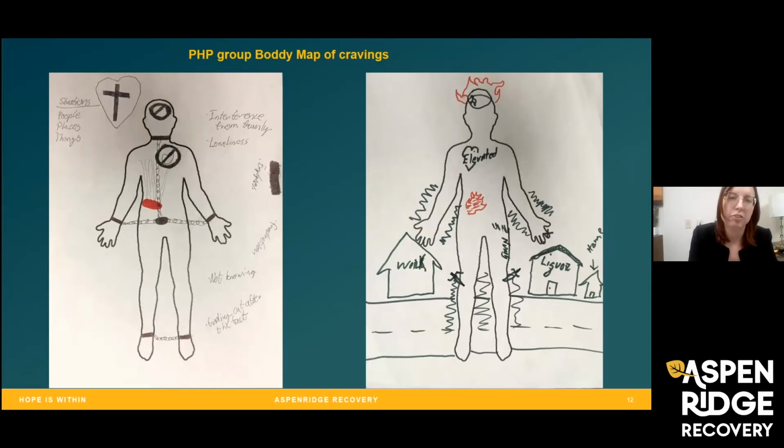On the left, he had really, really strong faith and a connection with God, but his alcohol got in the way of that connection. There was a lot of anger with God because of his addiction. So that was a trigger, and also something that he had to do a lot of healing around.